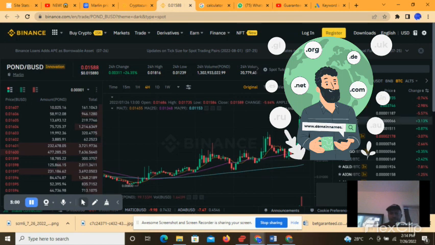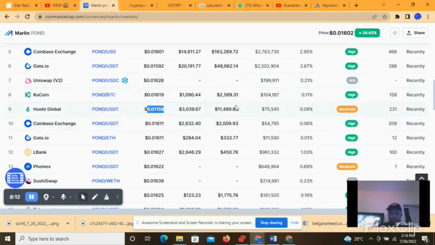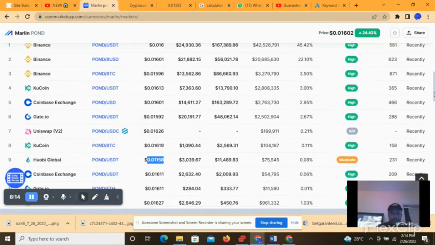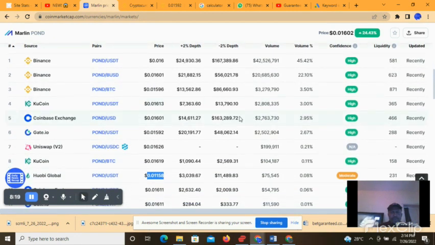Okay, that's 0.0158 as well. Let's make the comparison right here. As you can see, one slash USDT, it's trading at 0.016.